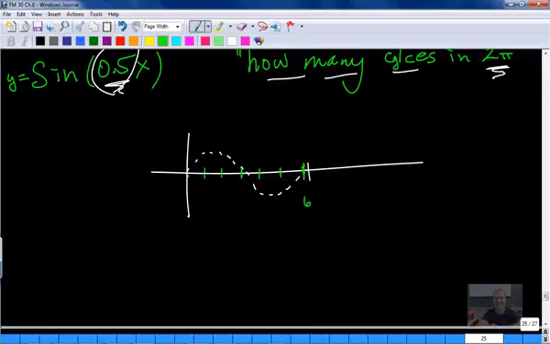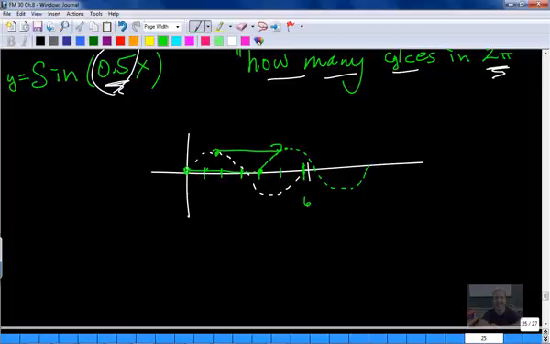Look at what happens here with the C value: it shifts it either left or right. We'll talk about which direction in a minute, but in this case it's shifted to the right 4 units. So this point goes 1, 2, 3 and it actually starts here. This maximum point over here actually goes over here. Everything shifts to the right 4 units. See that?